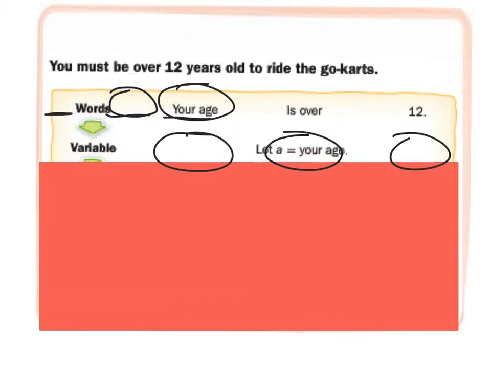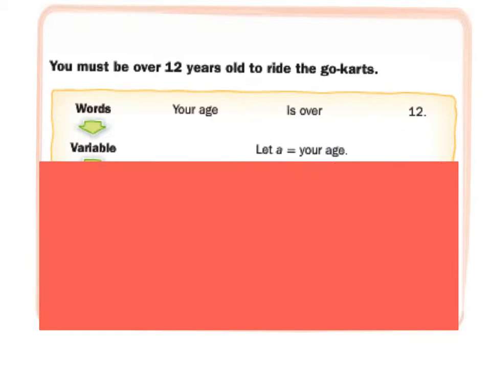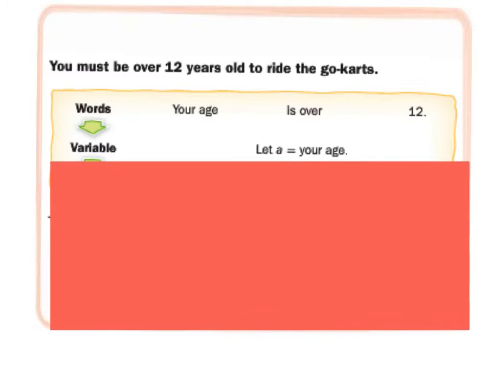Then what I want to do is set my variable. So 12 is a number. Over, we know, is greater than, so we'd use that symbol. And what we don't know is the age, so we're going to have a be the age.